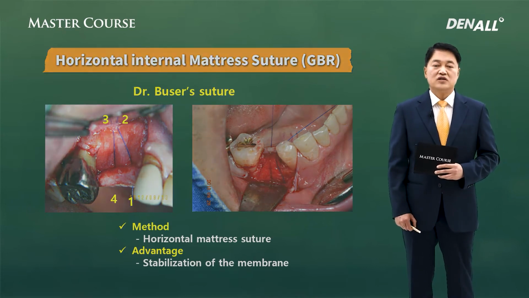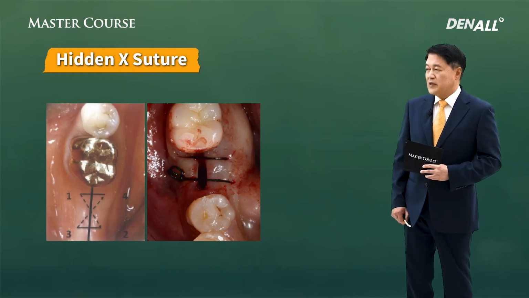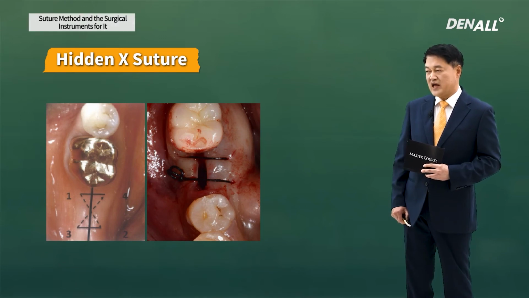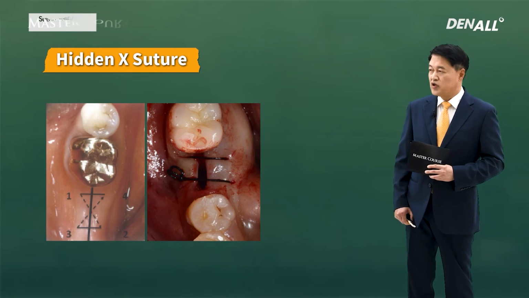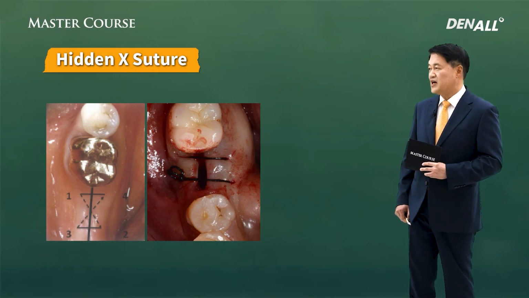Next suturing technique is the hidden X suture. As you can see, first, on the mesial buccal side, you go in, and you go out distal lingual side, and again, distal buccal, you go in, and mesiolingual, you go out. If you do this suturing, from the outside you see two parallel lines, but on the inside, you see an X-shaped form.